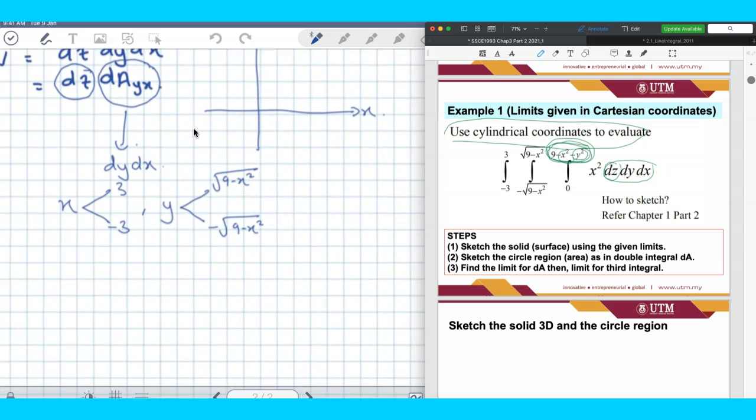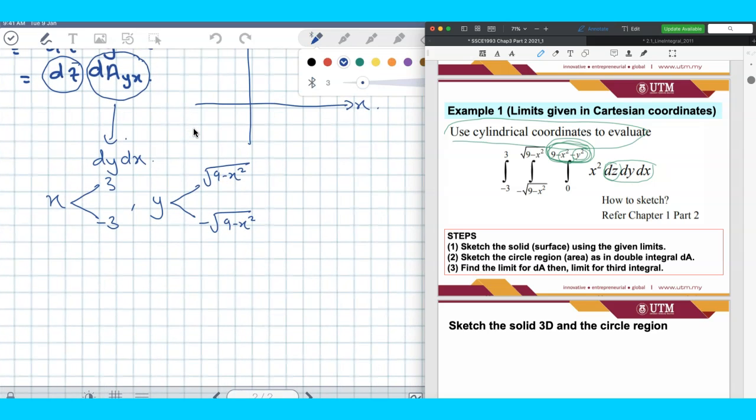These two equations give you y equals plus or minus square root of 9 minus x squared.